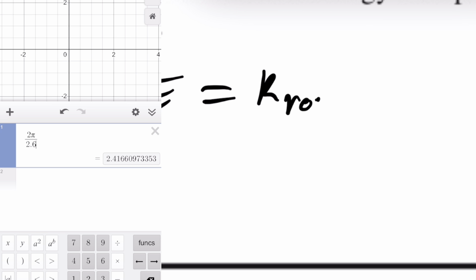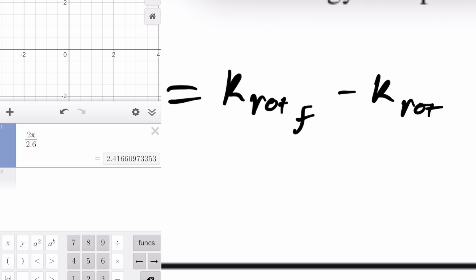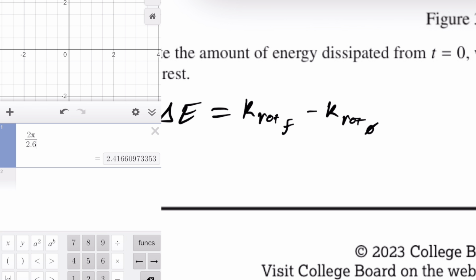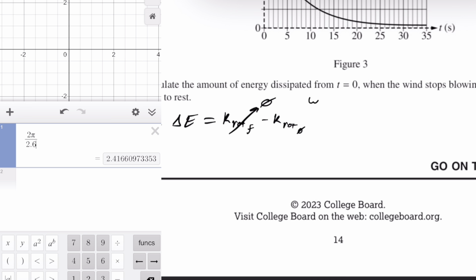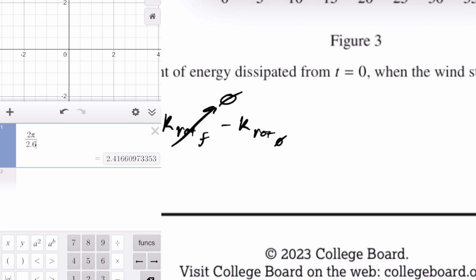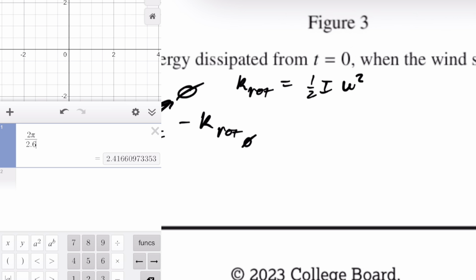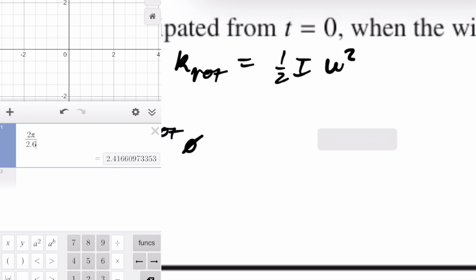So we're going to say K rotational final minus K rotational initial. We know the final rotational kinetic energy is 0, which is easy because when the system comes to rest, its angular velocity will equal 0, and rotational kinetic energy is 1/2 the moment of inertia, W squared, correct? So if W goes to 0, this must also go to 0.